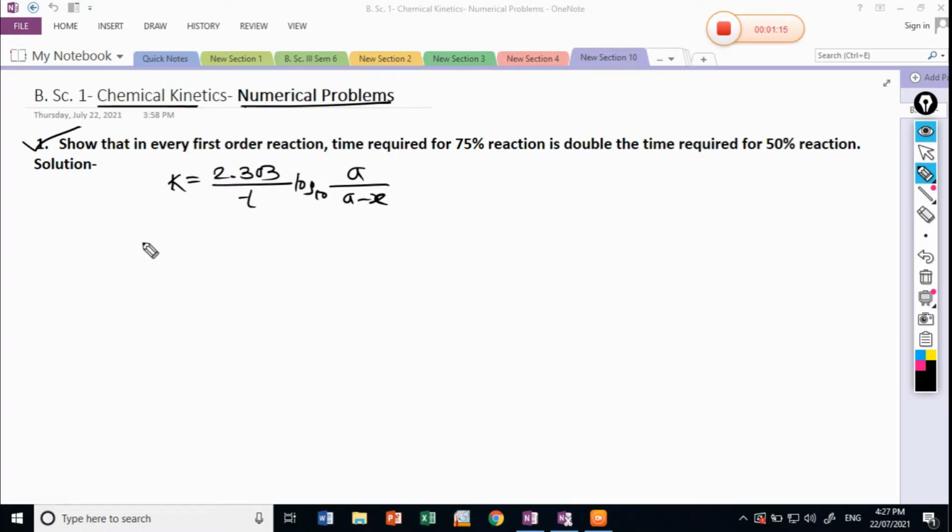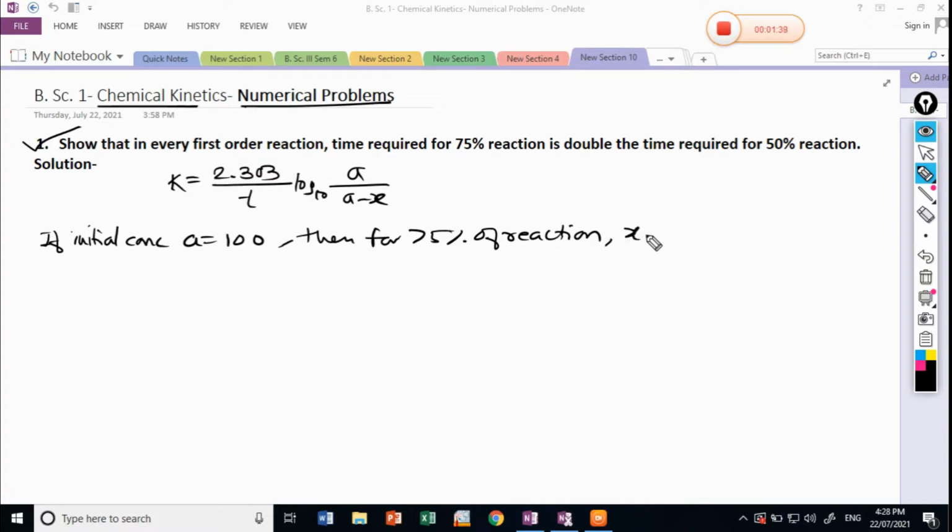Okay, now if the initial concentration A is equal to 100, then for 75% of reaction, x is equal to 75, and a minus x is equal to 100 minus 75, that is 25.